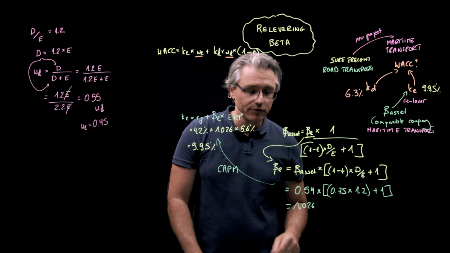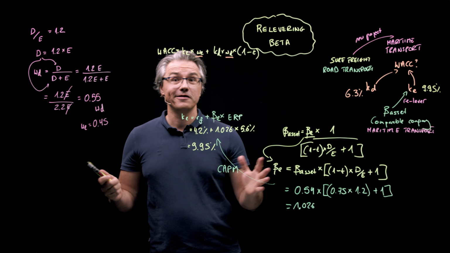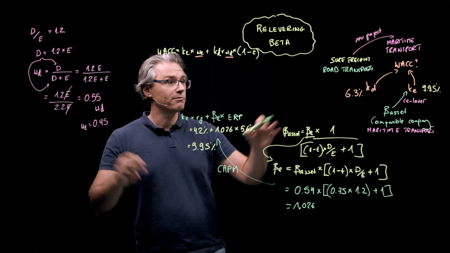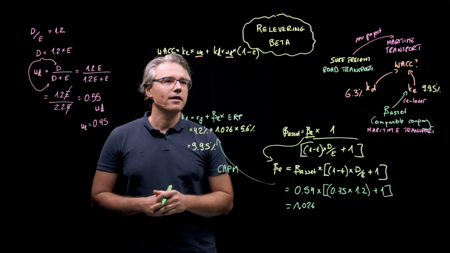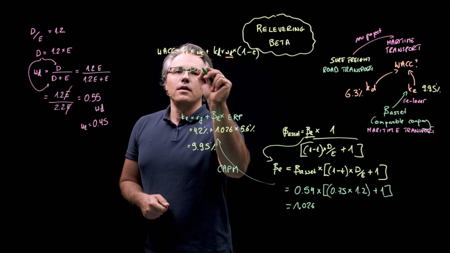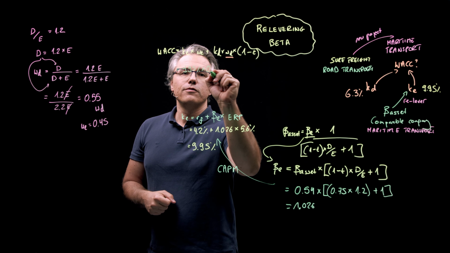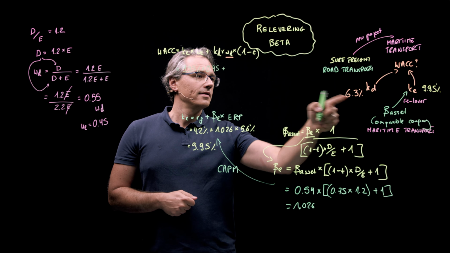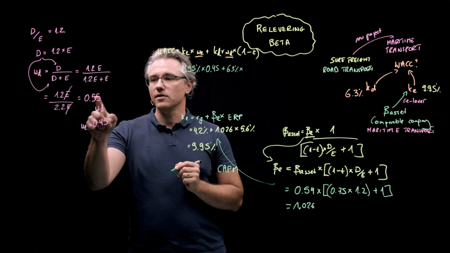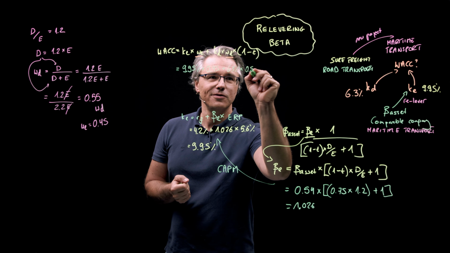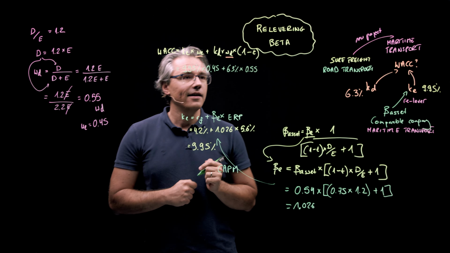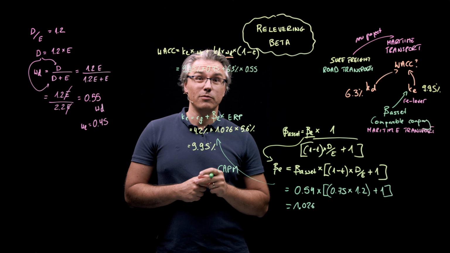Okay, what we can now do is fill this formula with the numbers from the scenario and numbers we already calculated. So I've got cost of equity 9.95% times the weight of equity 0.45 plus the cost of debt, that was 6.3%, times the weight of debt, so 0.55. You just need to be careful not to mix these up, the weight of equity and the weight of debt. And we also need 1 minus t.